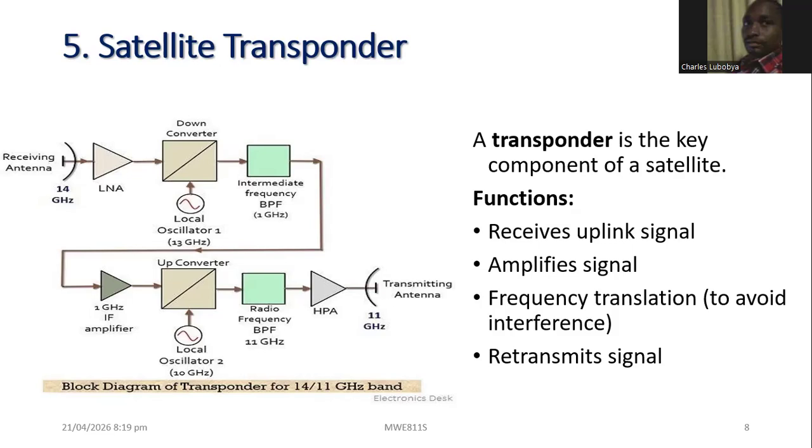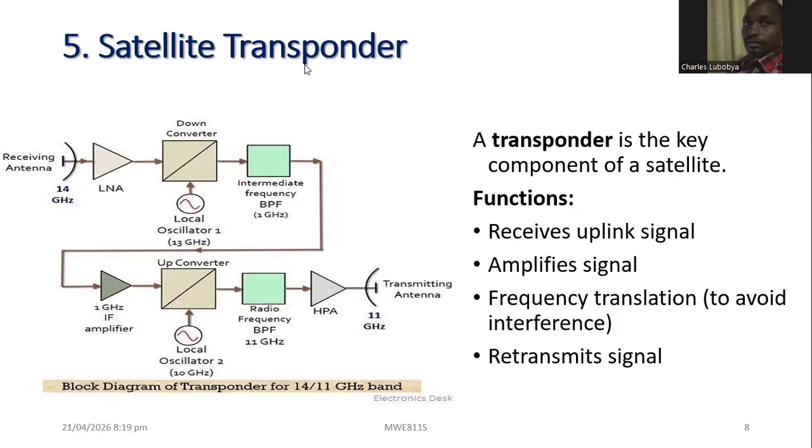In the down converter, two signals are mixed. There's one from the local oscillator. So in this case, you have the 14 gigahertz coming from the LNA getting into the down converter, and another one from the local oscillator of 13 gigahertz. What the down converter does is subtract 14 minus 13, and you have the output signal out of the down converter of 1 gigahertz as an example.